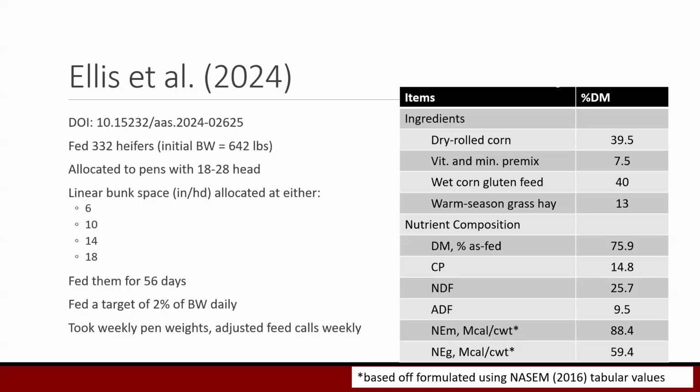And this is based off of not actually analyzing the diet, but using the feed library, just like you guys would have done in feeds, right? You just had a printed table that told you what the concentration of these ingredients should be. And so that is not analyzed energy, that is just tabular.